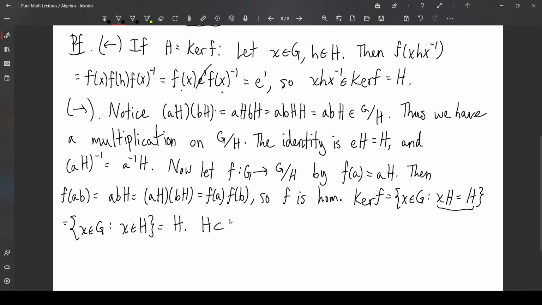Clearly we have that H is a subset of the kernel because any element of H is going to satisfy this equation, right? We've already showed that in the previous video.